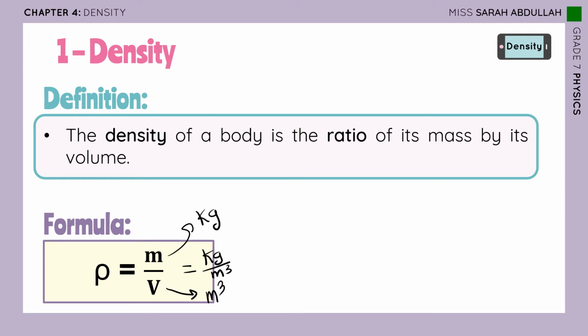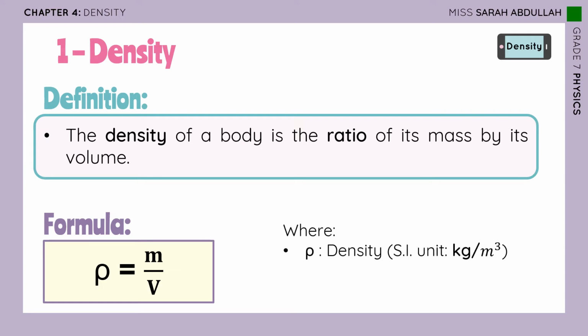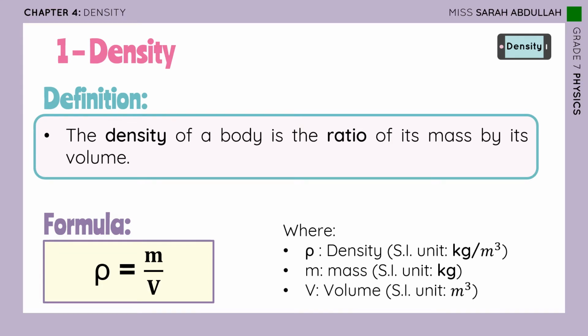So what is the unit of the density? That is it. So it is kilogram per cubic meter. Okay, so density, its SI unit, is kilograms per cubic meter, the mass in kilograms, and the volume in cubic meter.